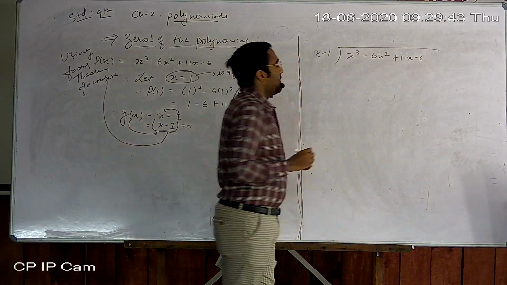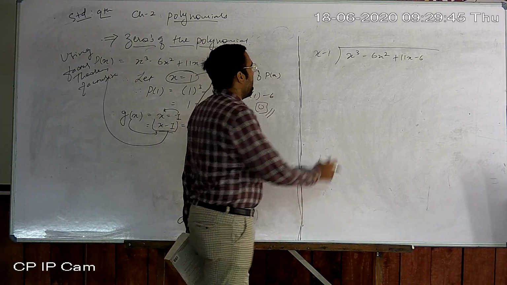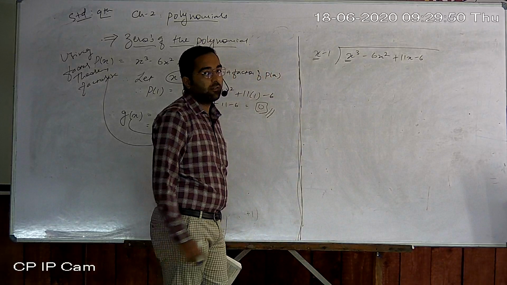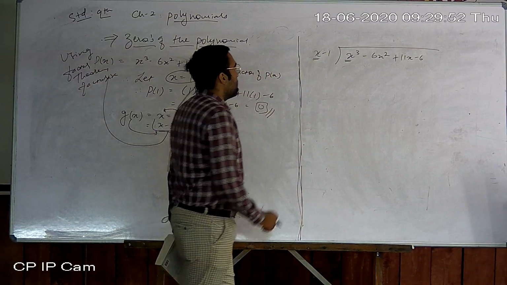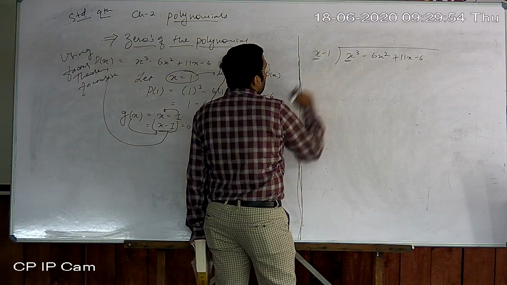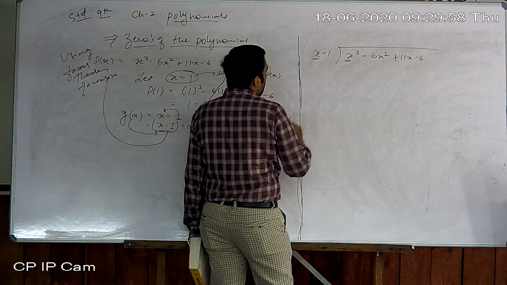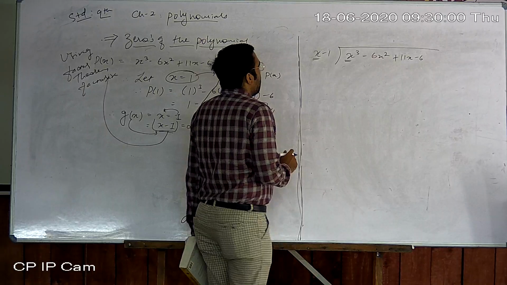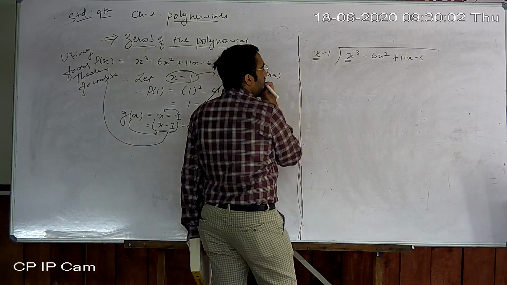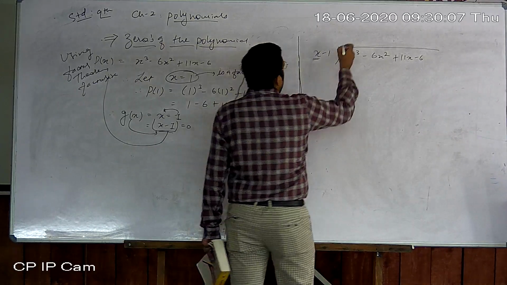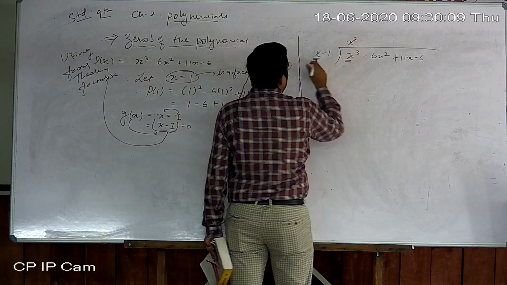As I told you, always check with the first term. My first term is x and here is x cube. Which term will I multiply with x to find x cube? I'll multiply x square with x.